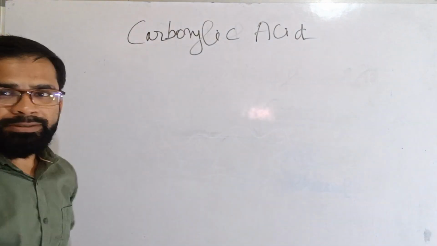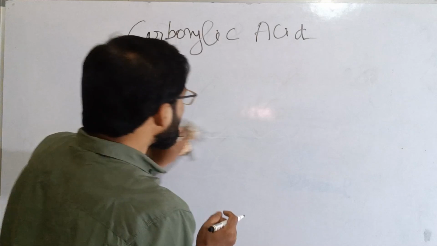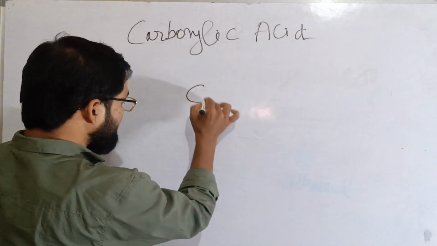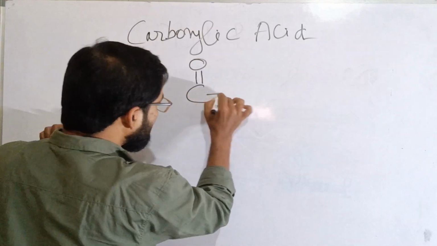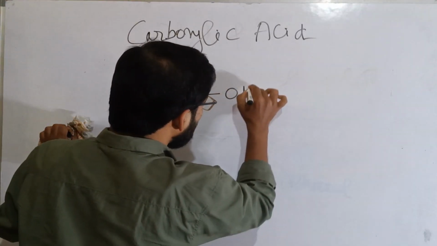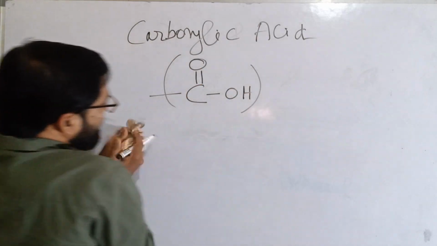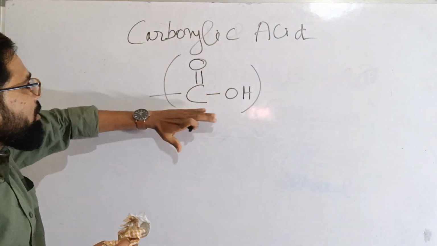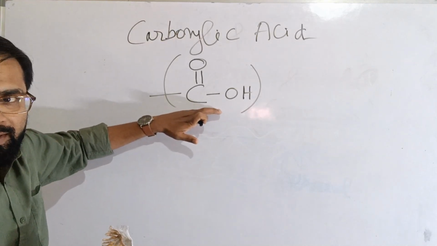How to identify which one is the carboxylic acid? If this carbon is double bonded with oxygen and an OH group is there, that particular functional group is called the carboxylic acid group.